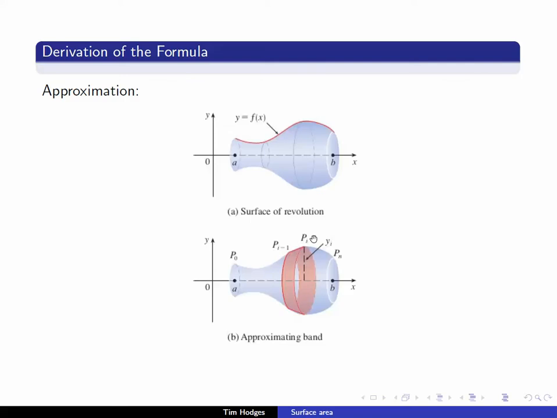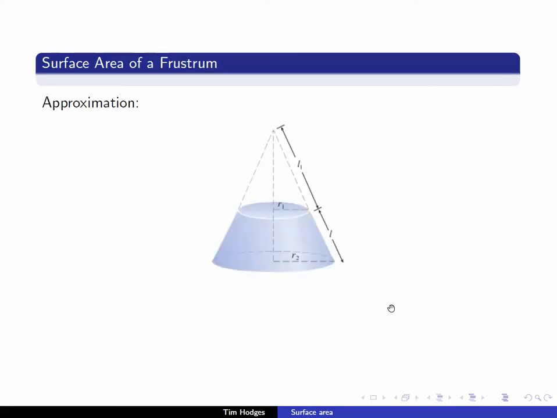So P i minus 1 to P i will be the piece of arc length that we used in the Riemann sum calculation for arc length. And this will be like a piece of a cone. So let's have a look at the formula for the surface area of that kind of shape.